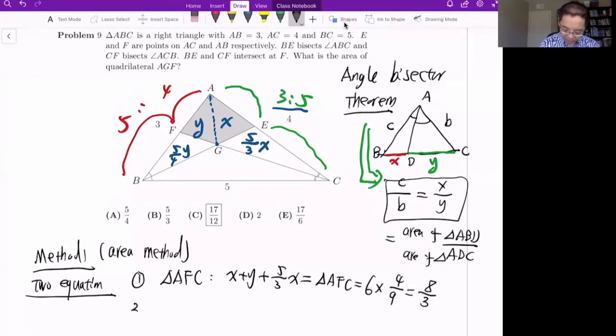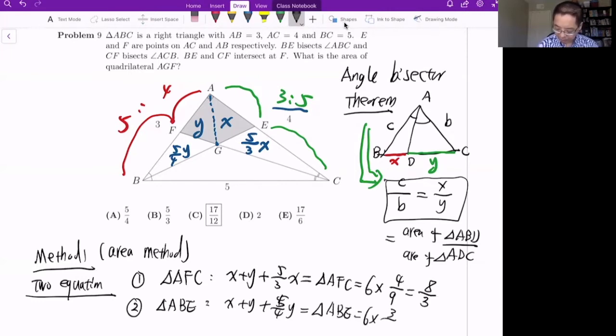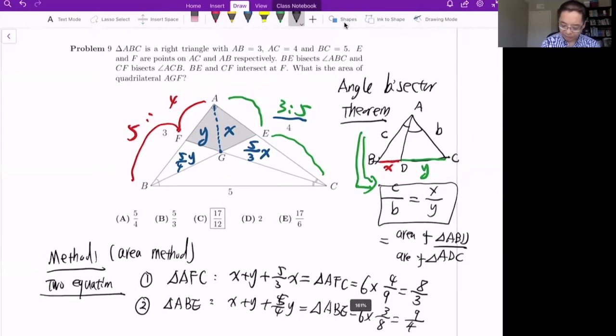That's equation 1. For equation 2, look at the area of ABE: X plus Y plus 5 over 4 Y equals the area of ABE, which is 6 times the ratio 3 over 8, so that's 9 over 4.